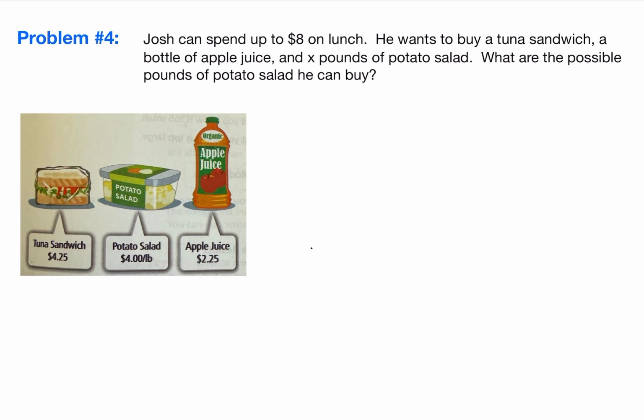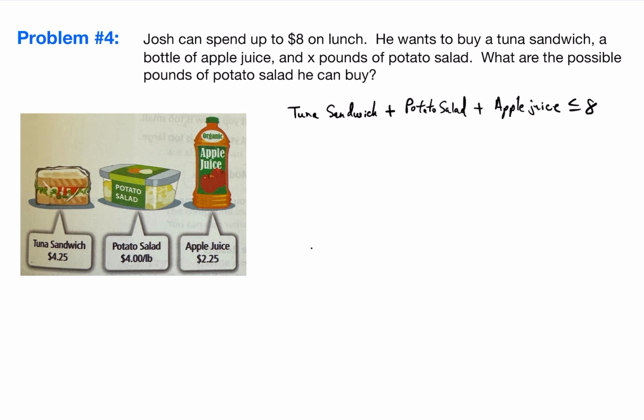Okay, so let's go ahead and set up the equation. We know that the cost of the tuna sandwich plus potato salad plus apple juice has to be less than or equal to 8.